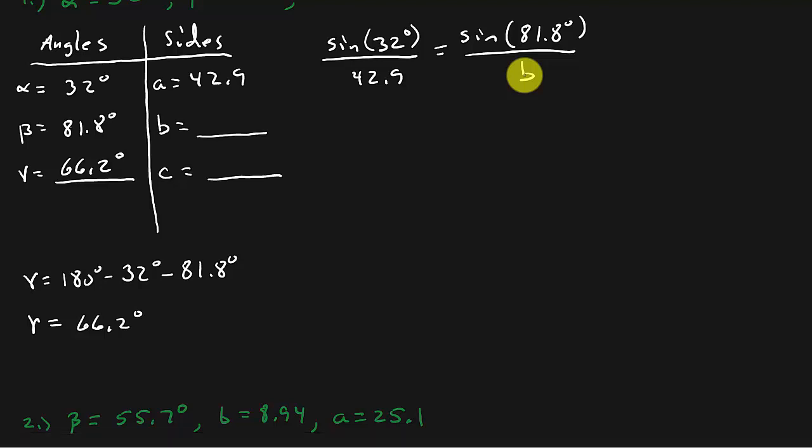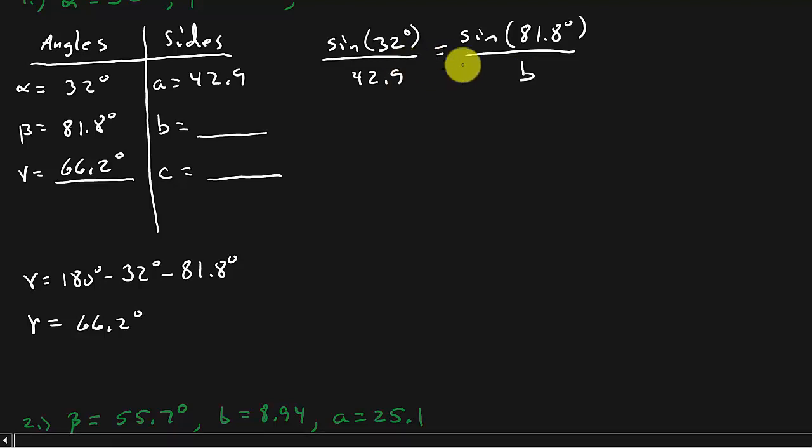All right, so remember, whenever you're solving, we got a fraction equals a fraction. So remember, when you move it across the equal sign, if it's in the denominator, it goes to the numerator. So I'm going to move B across, so that's going to pop up into the numerator. When I move the 42.9 across, that's going up into the numerator.